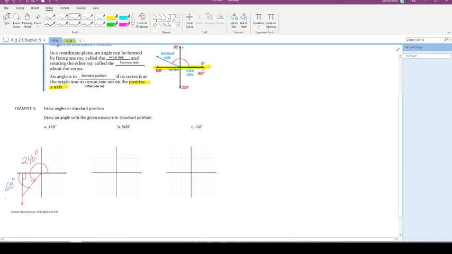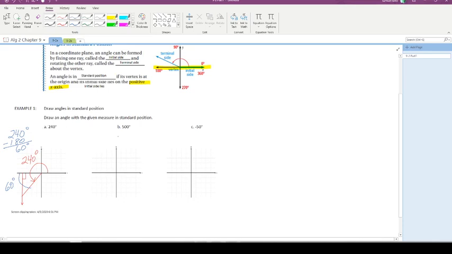So you have 240 and you get 60. How did we do that? By drawing the right triangle, and there's another way: take 240 and subtract 180, because we're talking about the position relative to the x-axis.